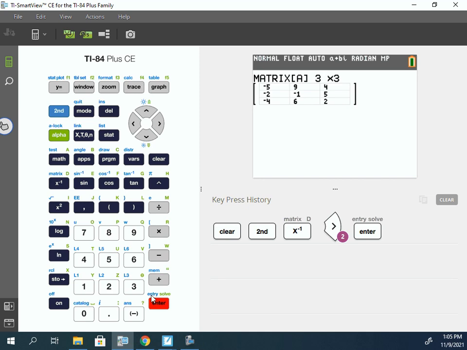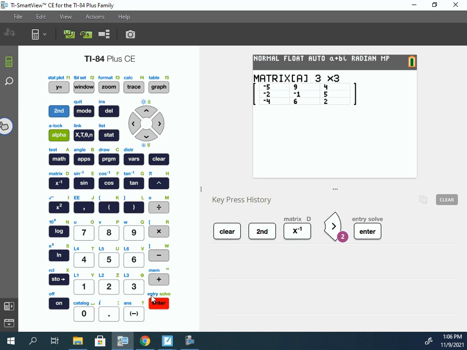And then I want to type the matrix in. It should be negative 5, 9, 4, negative 2, negative 1, 5, negative 4, 6, and 2.